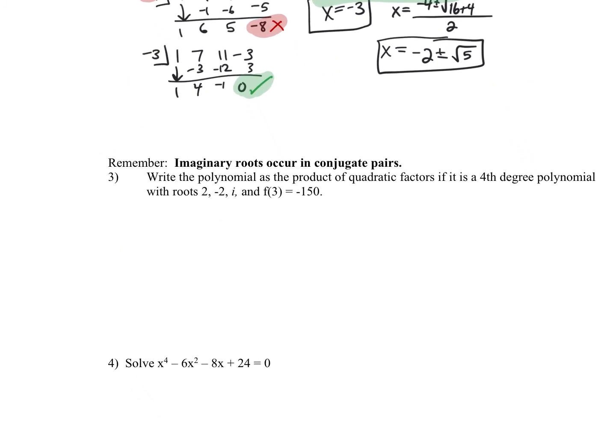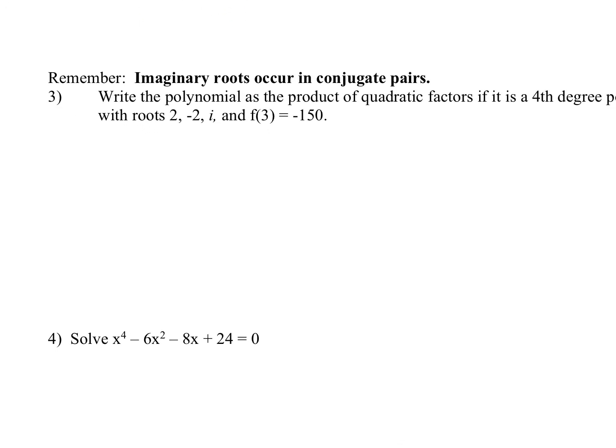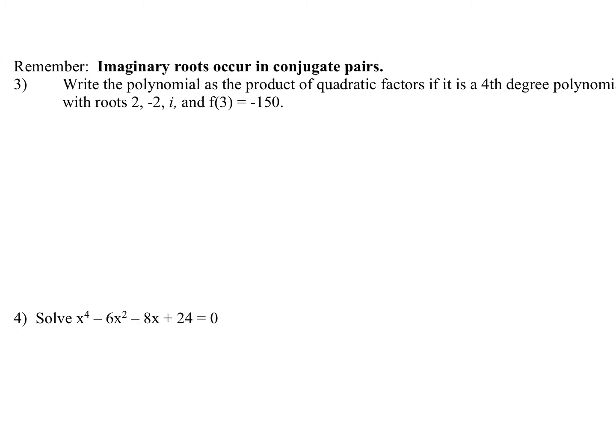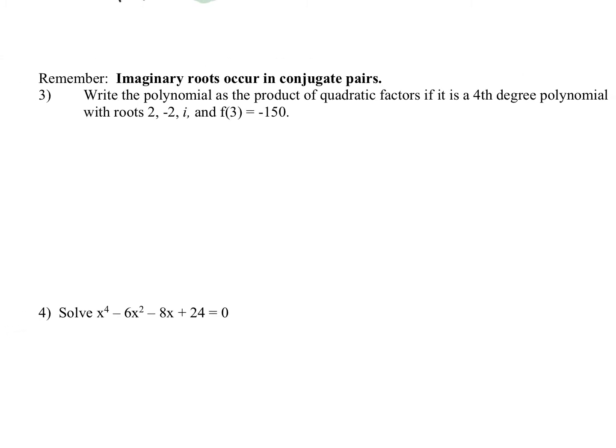All right, we've almost made it here. The last bit we want to do is we will see questions where we need to create a polynomial from its roots. So a good thing to note here, imaginary roots occur in conjugate pairs.